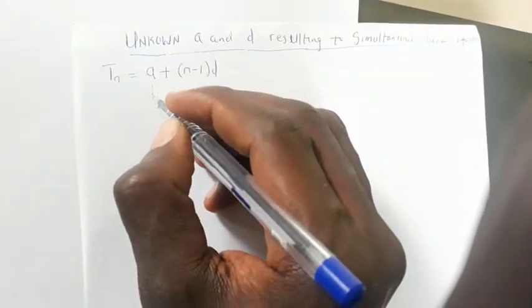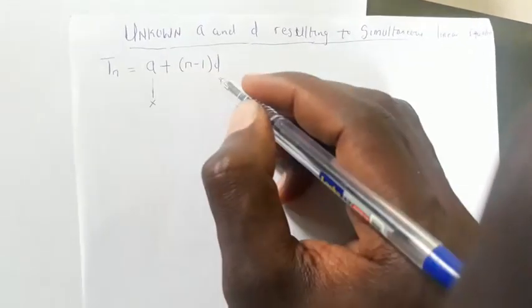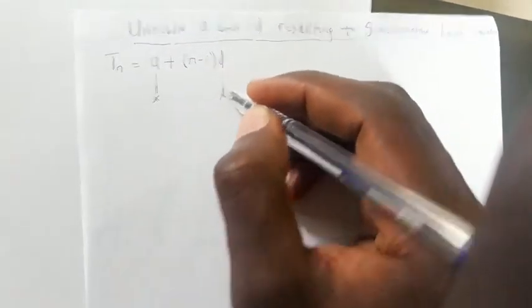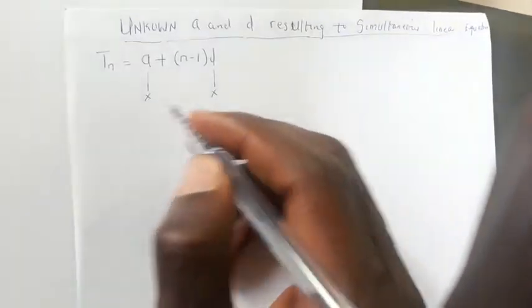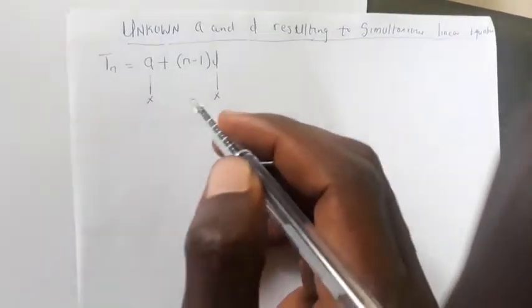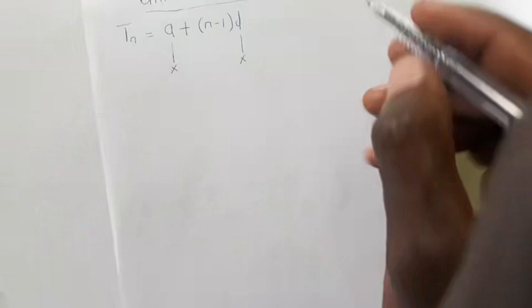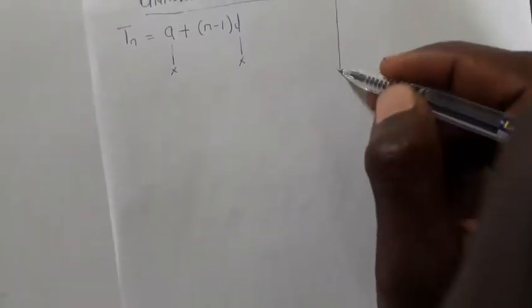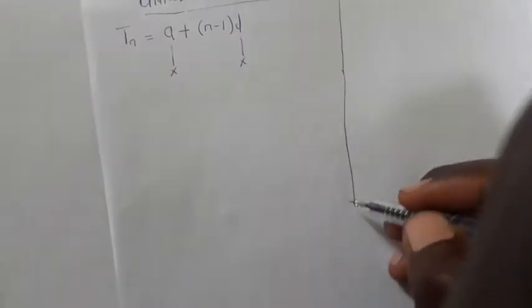So where A is not given, D also will not be given. Whenever two unknowns are not given, then it will result to a simultaneous linear equation. So whenever A and D is not given in a sequence, it will result to simultaneous linear equation.